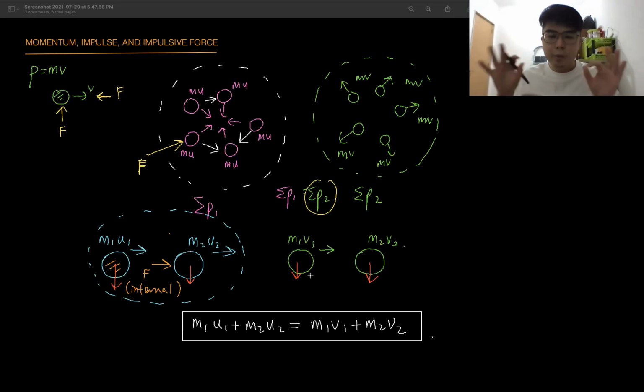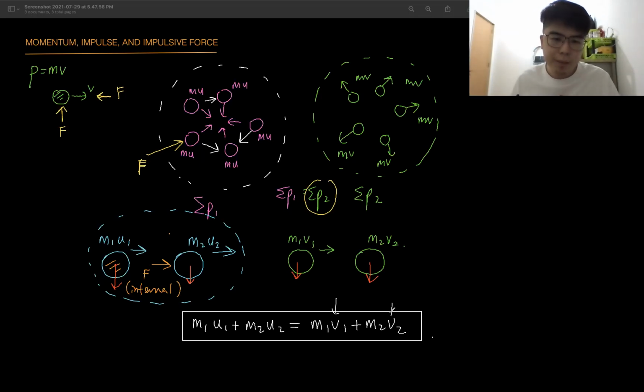And when we talk about collisions, there are many types of collisions, right? There are two types, elastic and inelastic. Inelastic, they still follow this. We use this equation. Just that for inelastic, for objects that stick together after they collide, they share the same speed, so these two speeds would be equal.